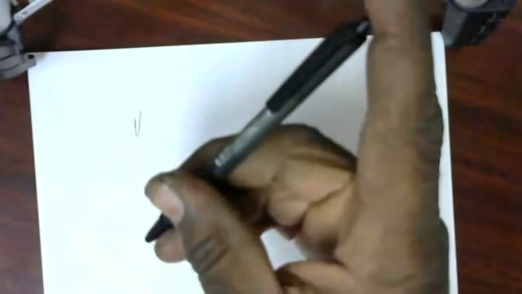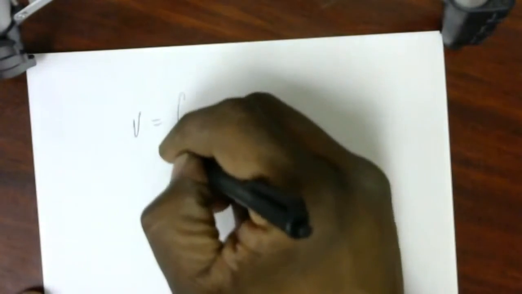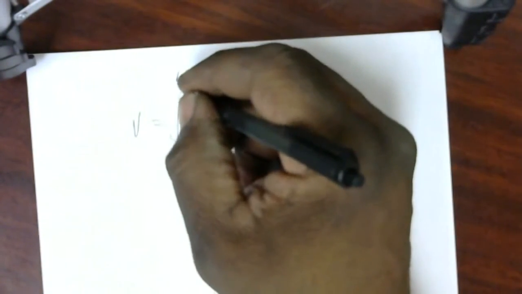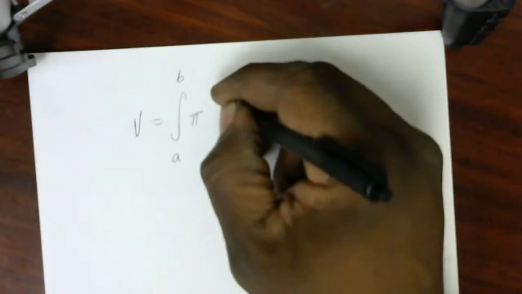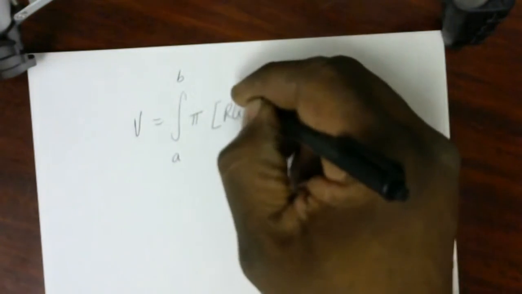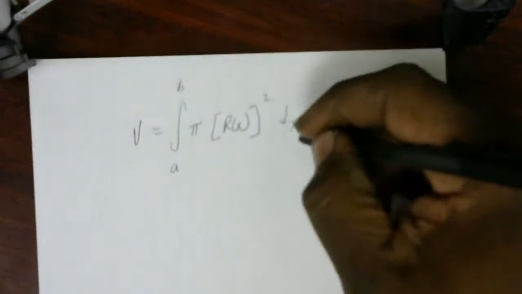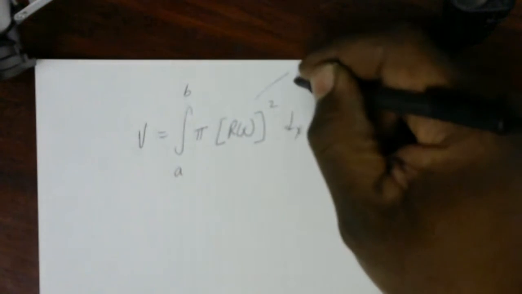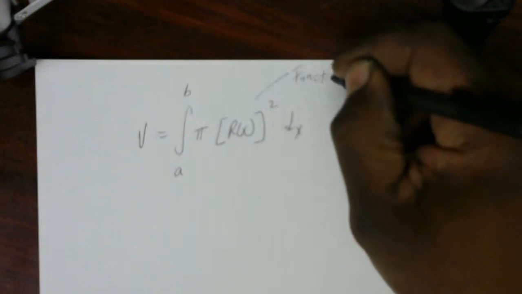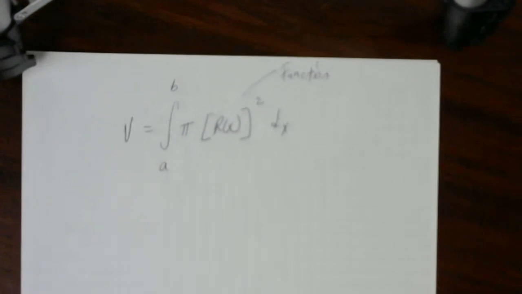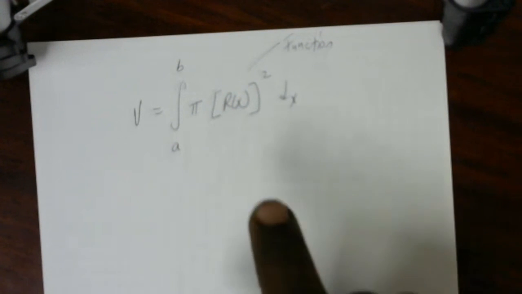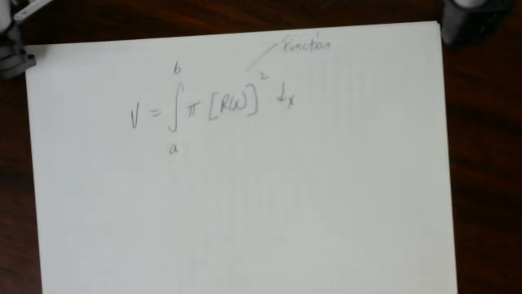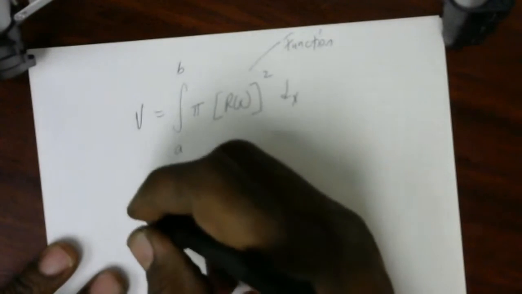All right, so we have the volume is equal to the integral from a to b for pi times the radius squared, and our radius is the function. So I'm going to just plug in all that information.